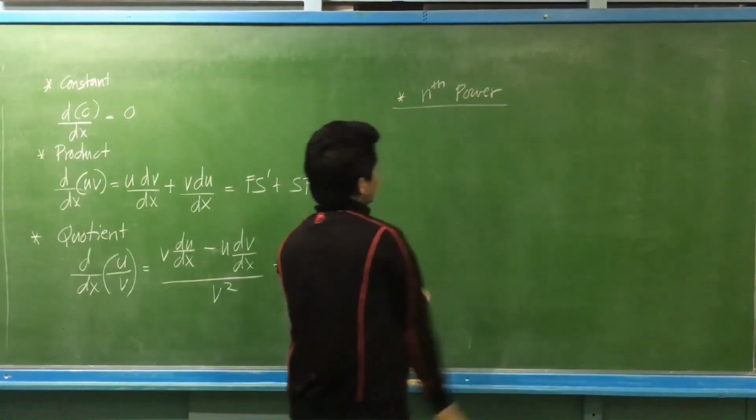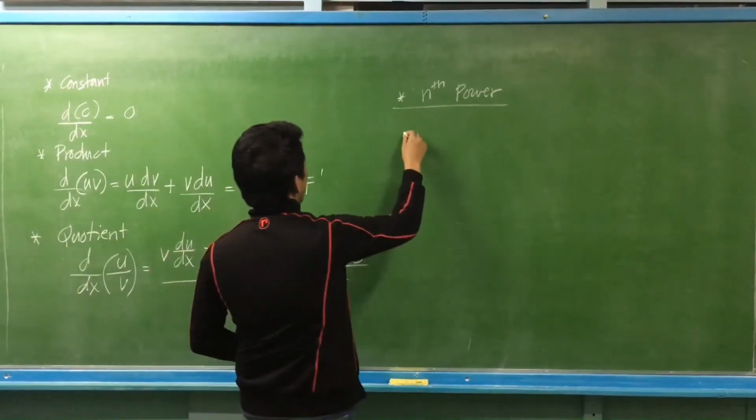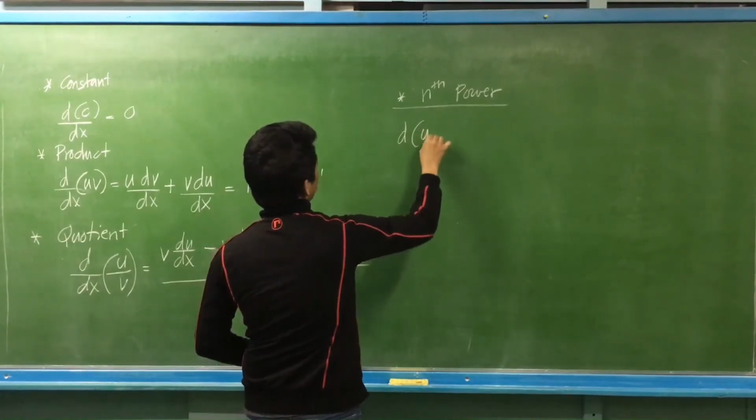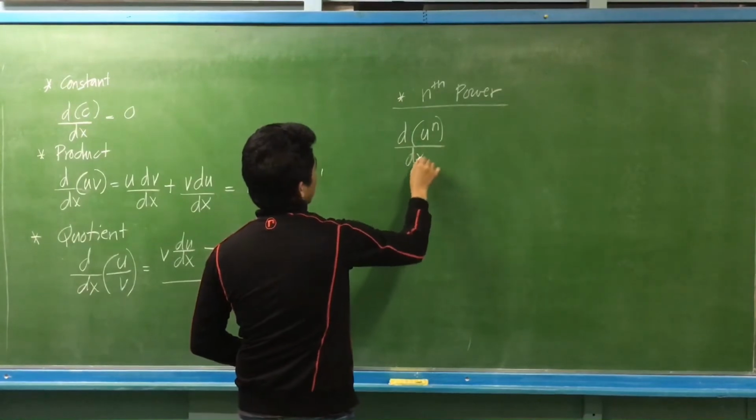Or some references are using the term power rule or the chain rule. So we have how to determine the derivative of u raised to n, with respect to x, for example.